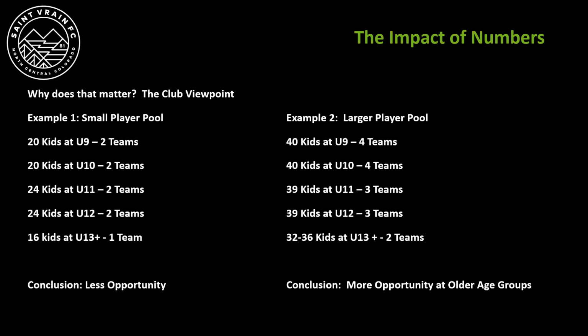But when we get to under 13 and we move to 11v11, we have 16 kids at under 13. We would have to grow additionally by another 6 kids in order to form 2 teams. So what ends up happening is if we have a small player pool, we drop down to 1 team. And if we just have a small age group, or not enough interested parties, we can absolutely do that.